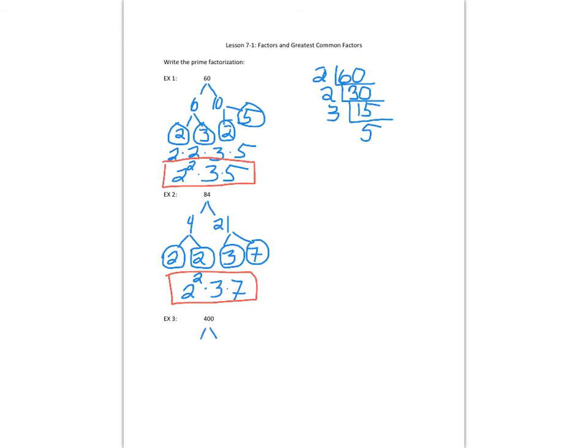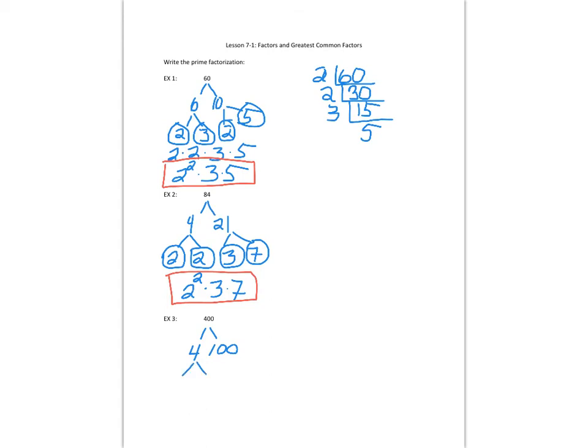So for 400, again, I'm going to just use a glaring observation that 400 ends in double zeros. Since it ends in double zeros, it must be divisible by a power of 10, which is 100. So 4 times 100. But you could have used 2, you could have used 8, I mean, on and on. But the first one that I came up with and could see was 4 and 100.